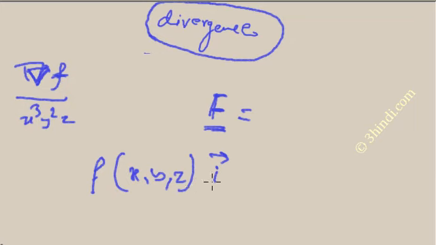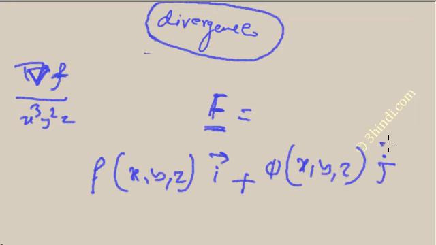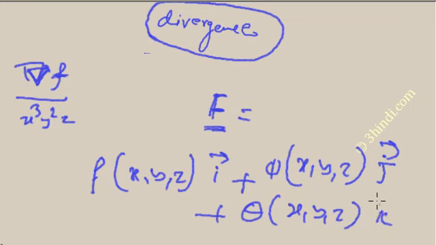So f x, y, z i, and another function phi x, y, z j, and another third function, suppose theta x, y, z k.